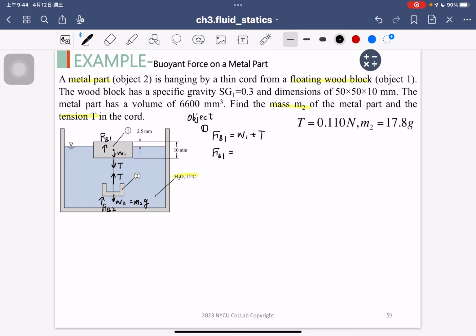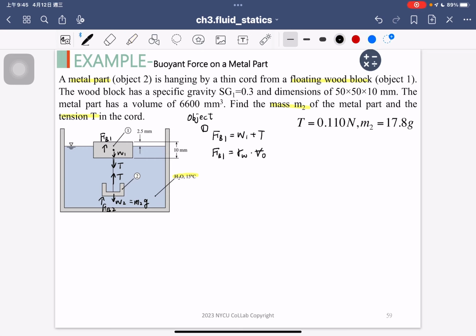FB1 is gamma, which right now is for water, so gamma water multiplied by the displaced volume. So what is the displaced volume for the floating wood?